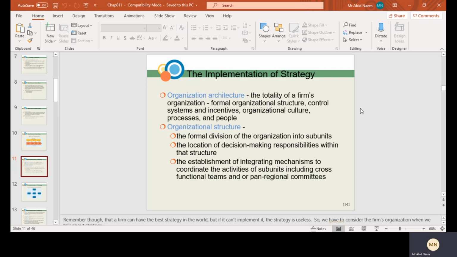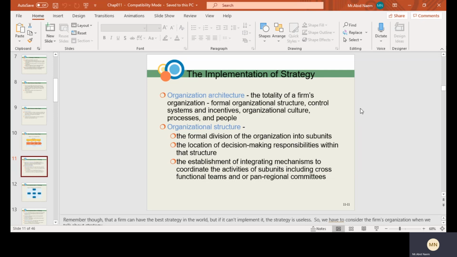The location of decision-making responsibilities within that structure: department-wise, you have to nominate certain departmental heads, and it's their responsibility to manage the daily operations of their respective departments, which should be in line with the overall organizational objective.